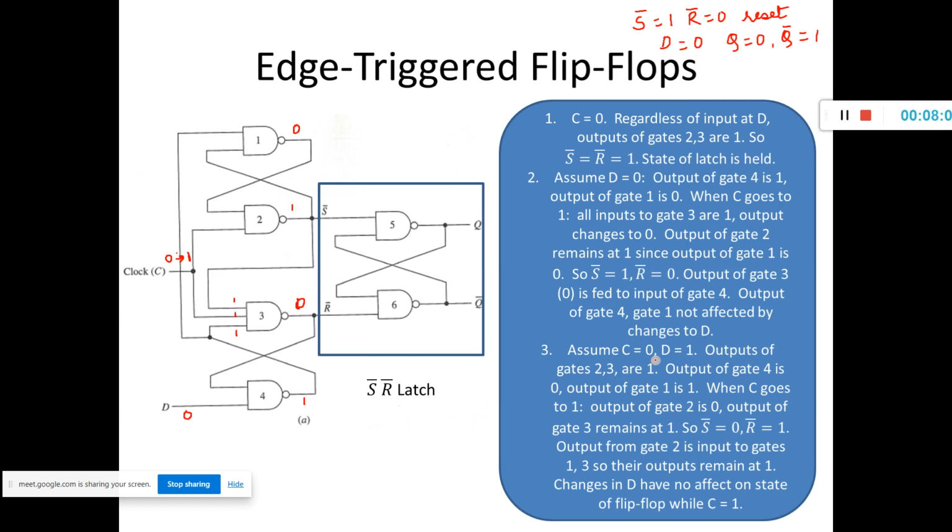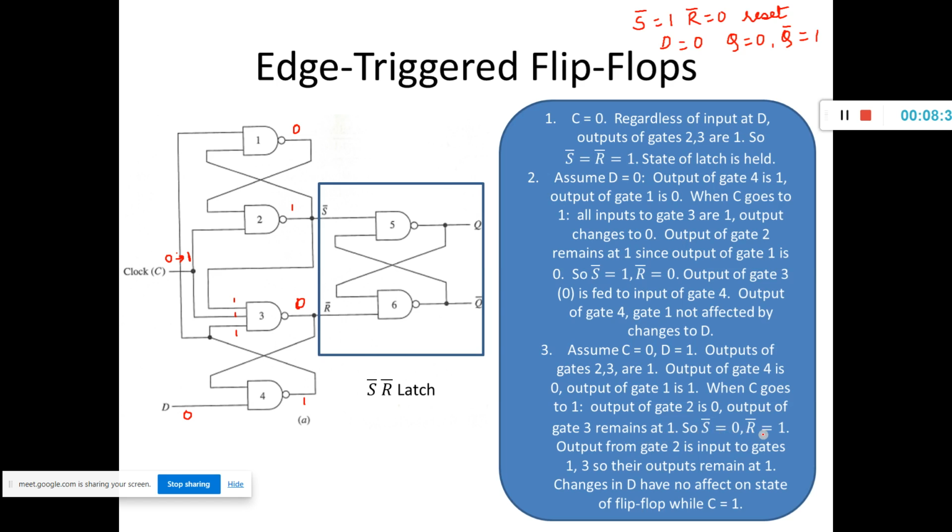Similarly, when we have C equal to 0 and D equal to 1, the outputs of gates 2 and 3 are 1. Next, the output of gate 4 is 0. You can see here the output becomes 0. Next, when C goes from 0 to 1, the output of gate 2 is 0. Output of gate 3 remains at 1.